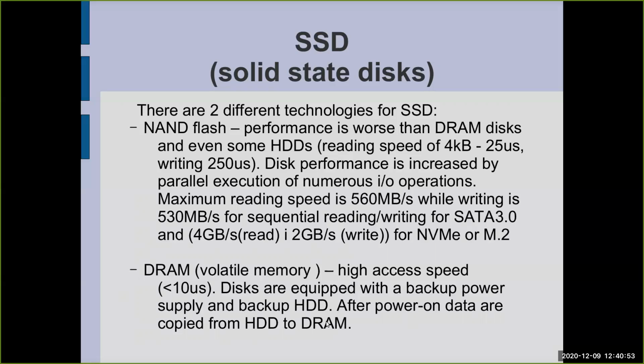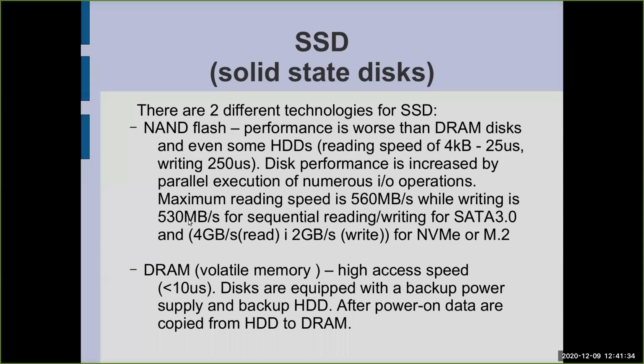When the power is switched off, data are transferred from DRAM to the hard drive, using an independent supply, and when it is powered on, data are transferred from the hard drive to DRAM again. It costs a lot, because in fact it has a lot of RAM memory and an additional hard drive, so it can be used for very specific applications.